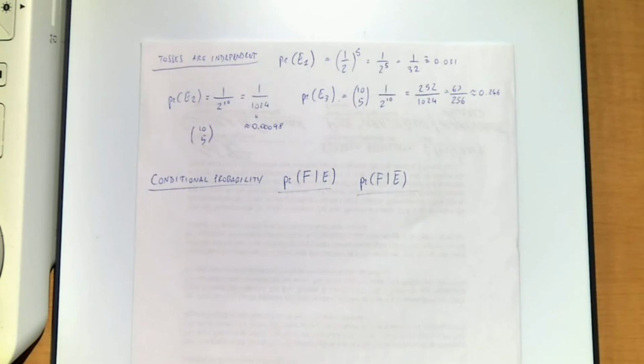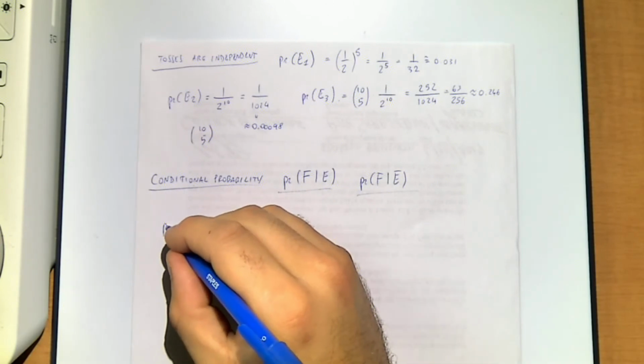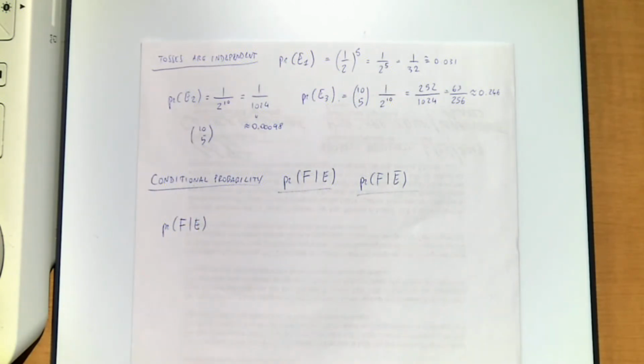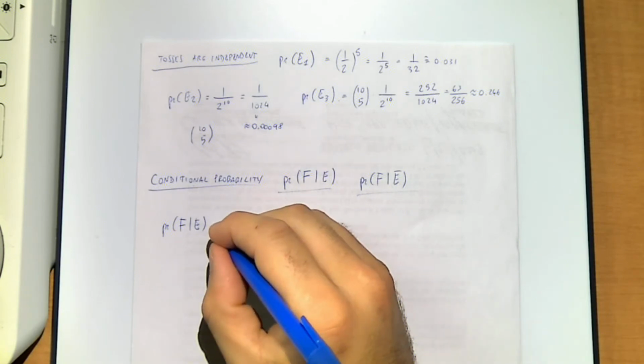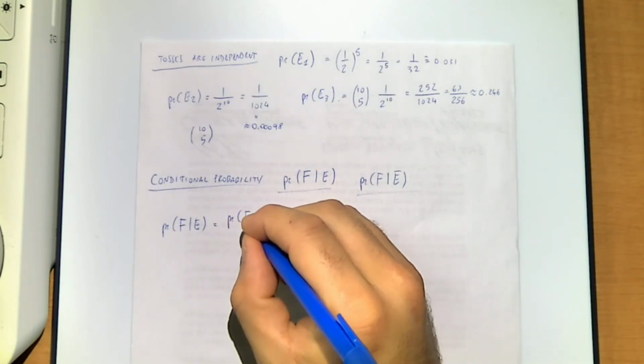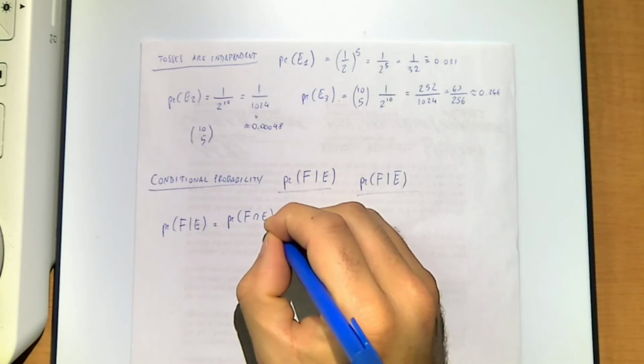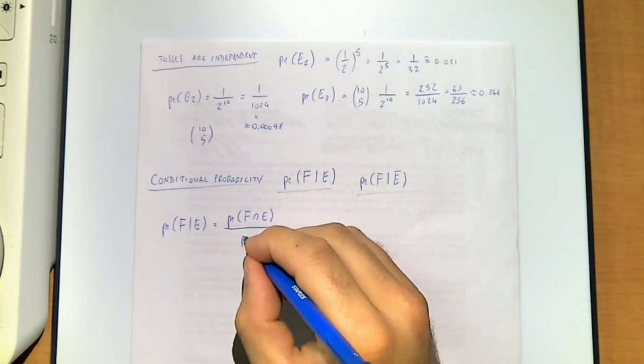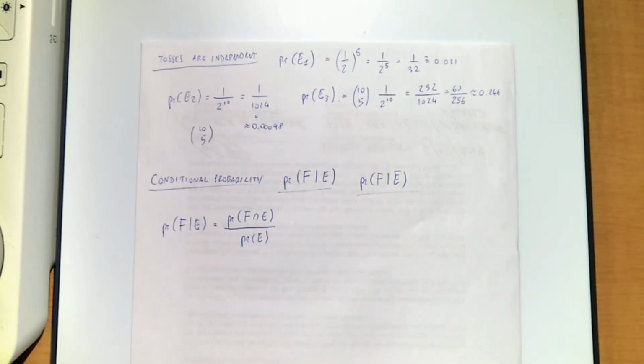Now, the conditional probability, in fact, can be calculated in a very simple manner, depending on the probability of the events both happening, right? So we can write this as F intersection E, or E intersection F, which is the same thing of course, divided by the probability of E happening. And this is really normally what is taken as the definition of conditional probability.